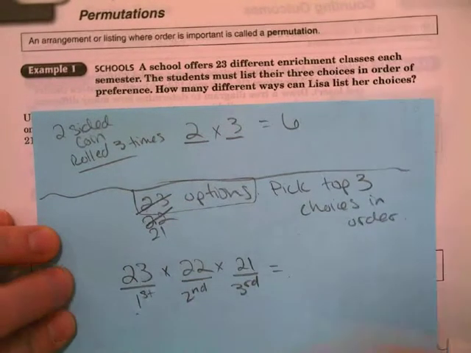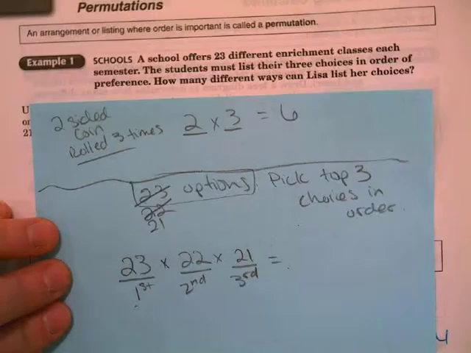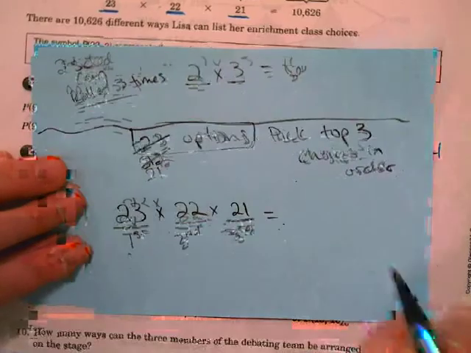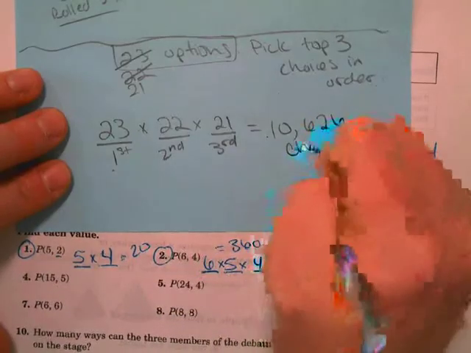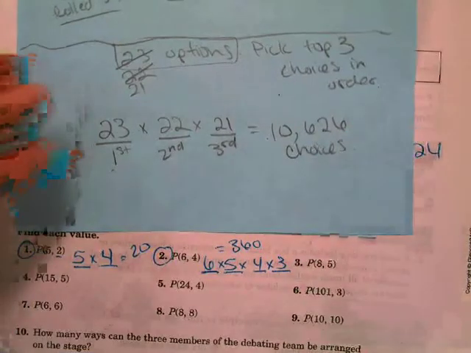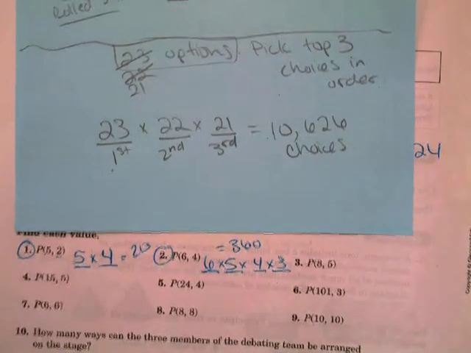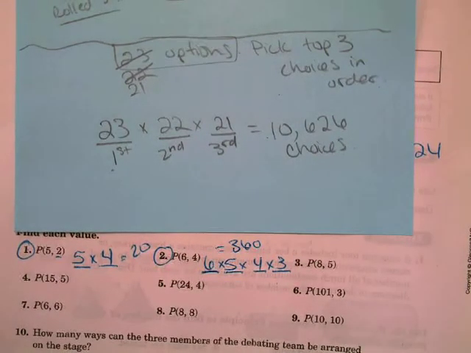So if I multiply 23 times 22 times 21, I get 10,626 choices. There's 10,626 different ways that we could arrange our course choices.